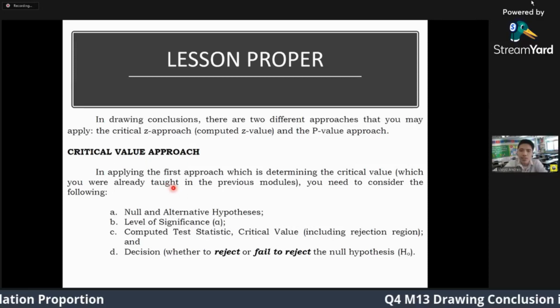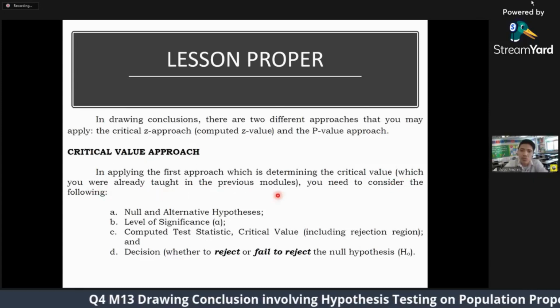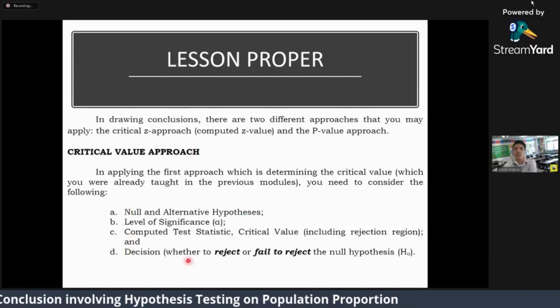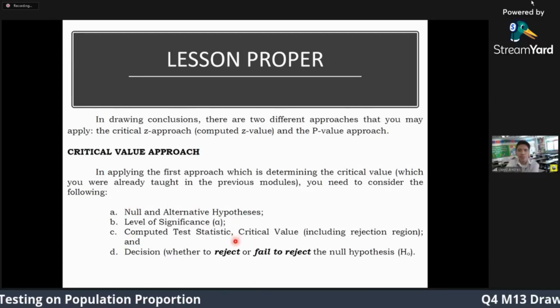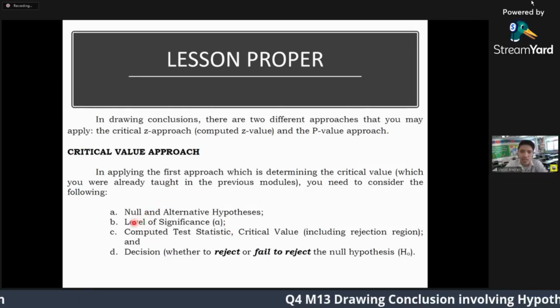In applying the first approach, which is determining the critical value, which you were already taught in the previous modules, you need to consider the following. Similar actually ang process katong hypothesis testing gani involving population mean. The first one is to determine the null and alternative hypothesis.